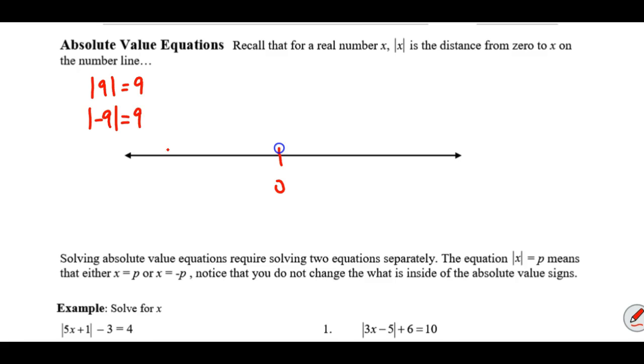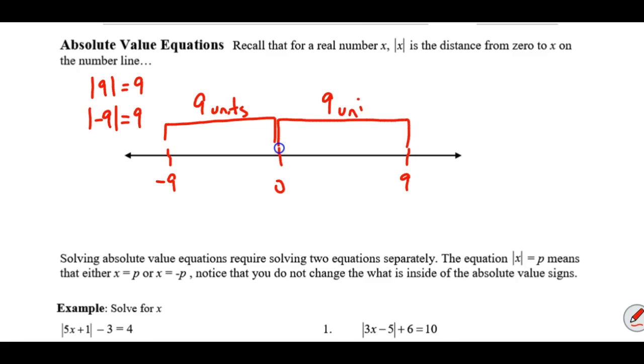So if we're looking at negative 9 over here and 9 on this number line, I know that the distance from 0 to negative 9 is 9 units. And I also know that the distance from 0 to positive 9 is also 9 units. And that's kind of the definition of absolute value, right?